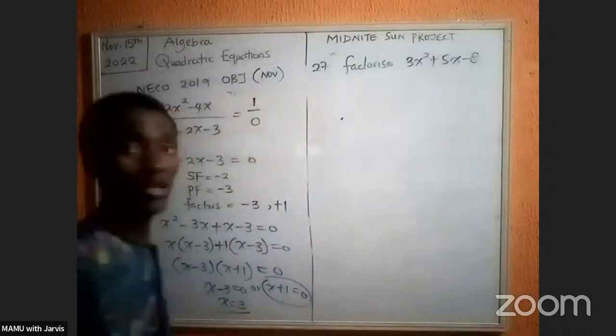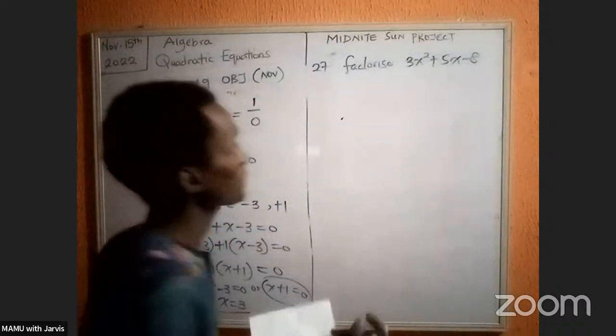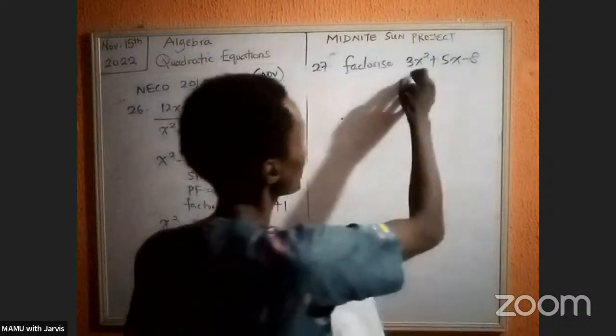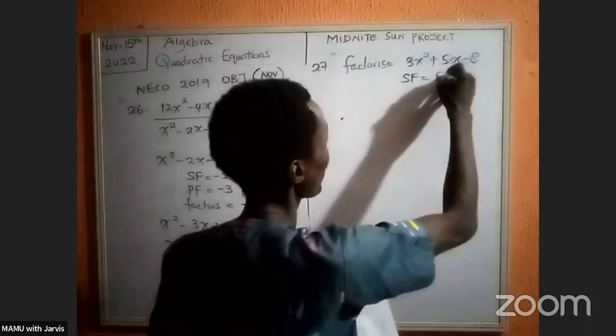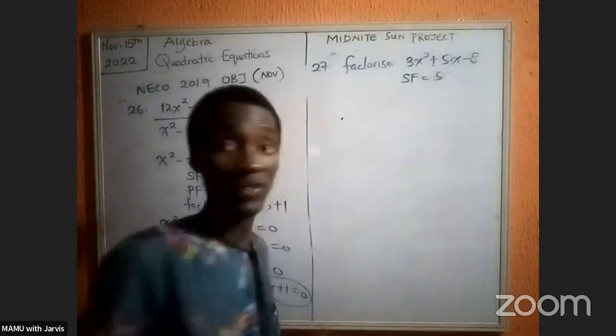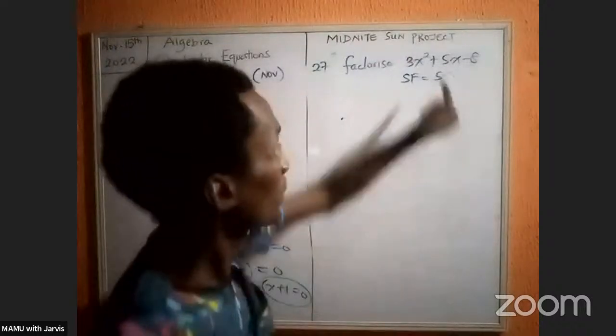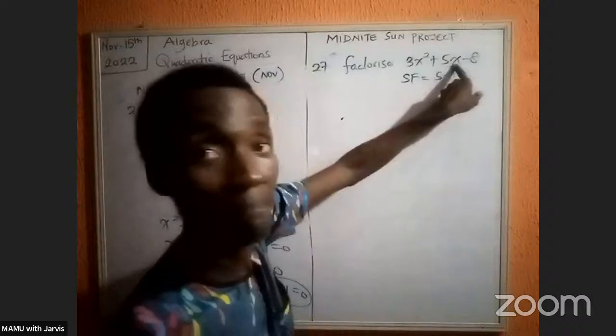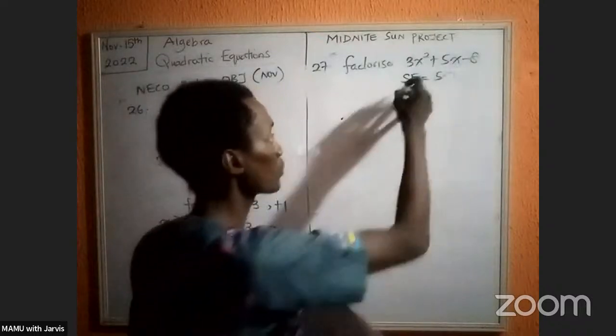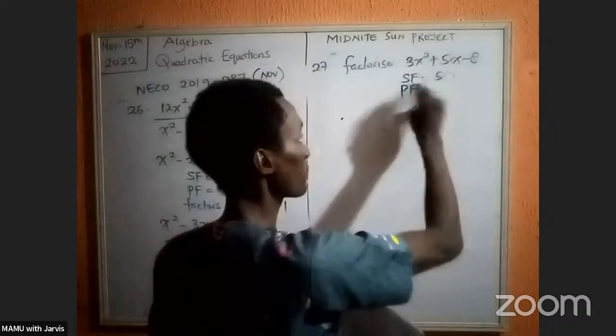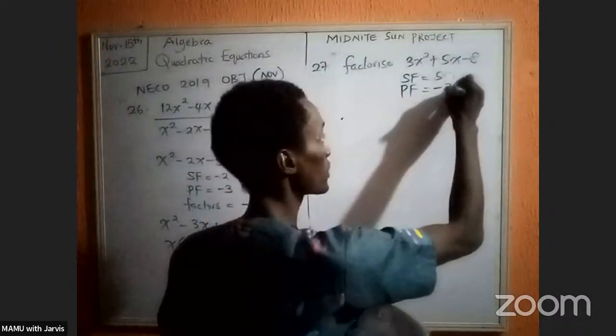How do we go about that? We take the sum of the factors, which is 5. I just prefer to use the number alone. The sum of the factors is always the middle term. And the product of the factors, obtained by multiplying this and this, will be -24.